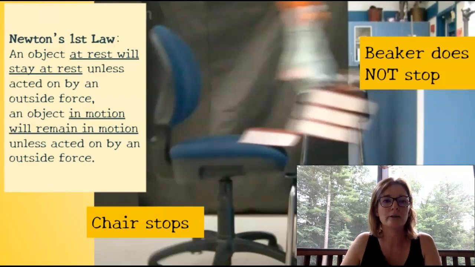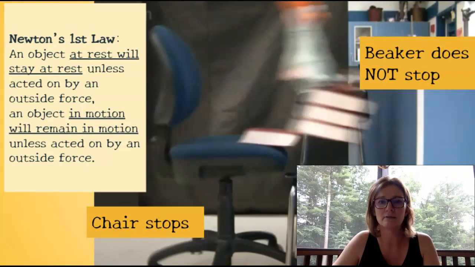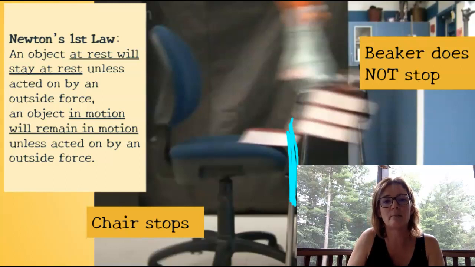The chair, however, something else did touch the chair, right? Because the chair hit, let me see if I can use this little drawing tool here. The chair hit the other chair in the classroom, right? So we can assume that the stationary chair acted as an outside force, which caused our rolly chair to stop moving.